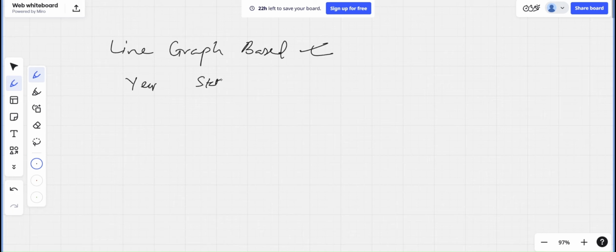Let's say state A. These are different states: B, C, D, E. It's a very huge graph. Year is 2018, 2019, 2020, 2021, 2022.